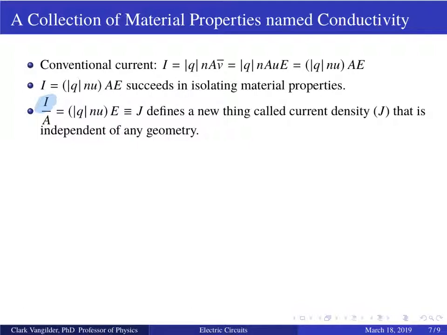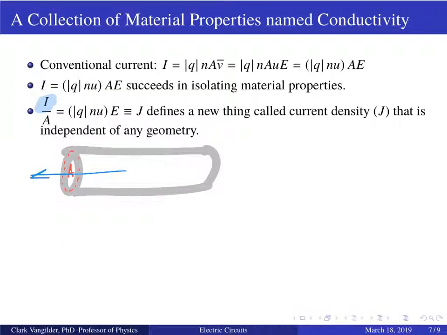Not pictured here, but what we did elsewhere, here's a wire, and there would be this area right here, this cross-sectional area. There's some sort of current, electrons, which are blue, always, just kidding.